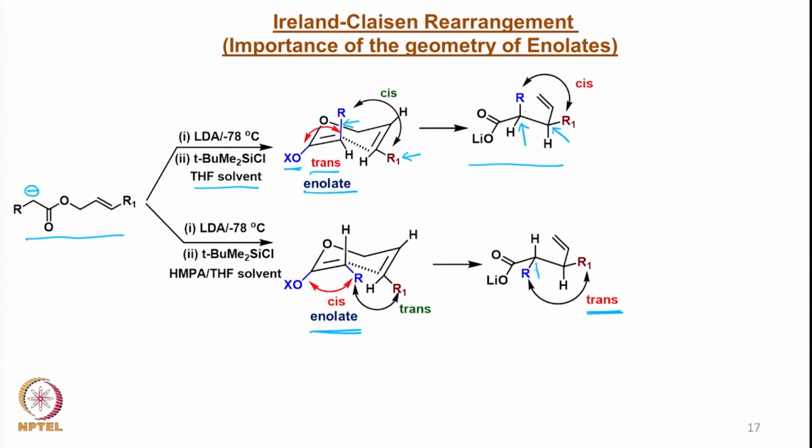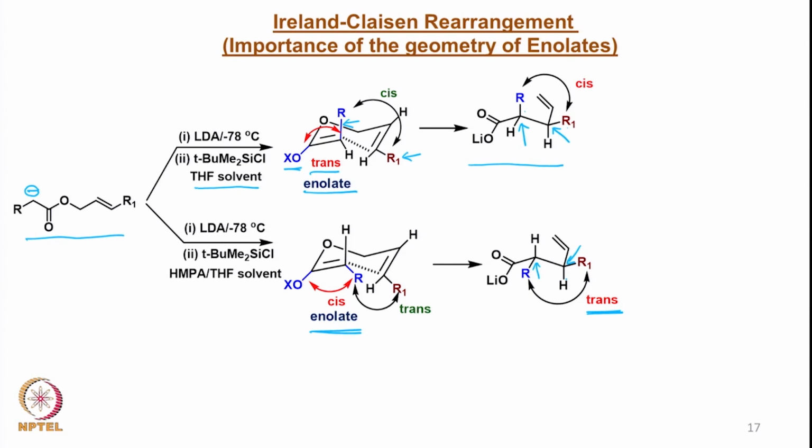There is an asymmetric center here and there is an asymmetric center here. These new asymmetric centers are a consequence of the formation of the enolate, because this double bond geometry is fixed in both cases. The only difference is the geometry of the enolates, and based on the geometry of the enolates the configuration of the final product is determined.